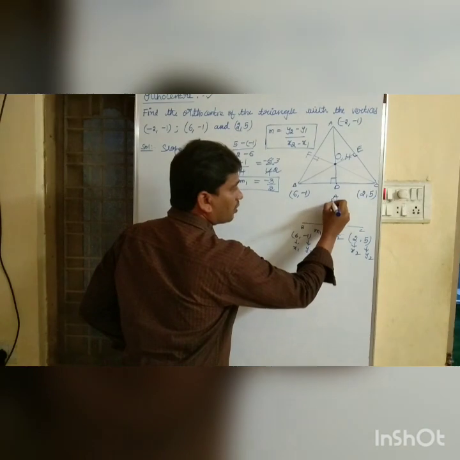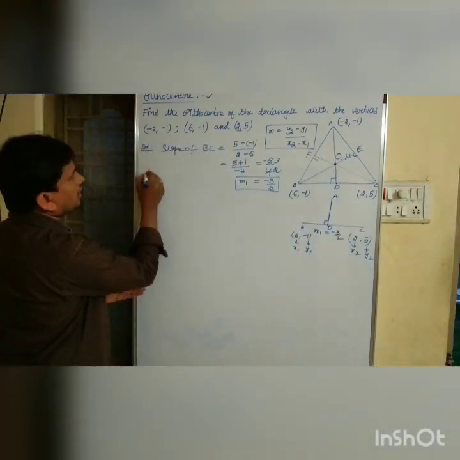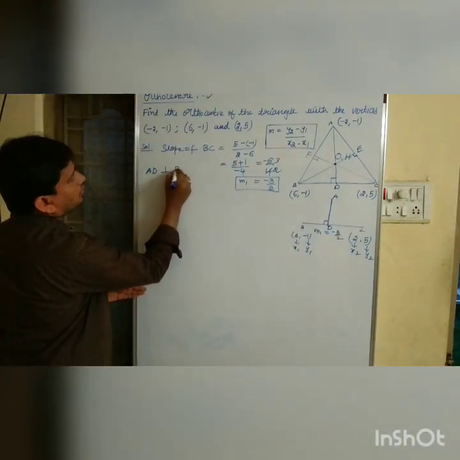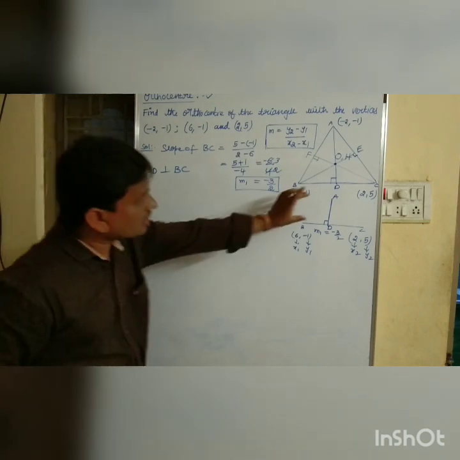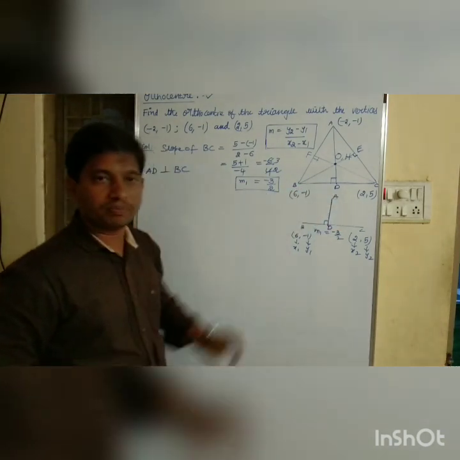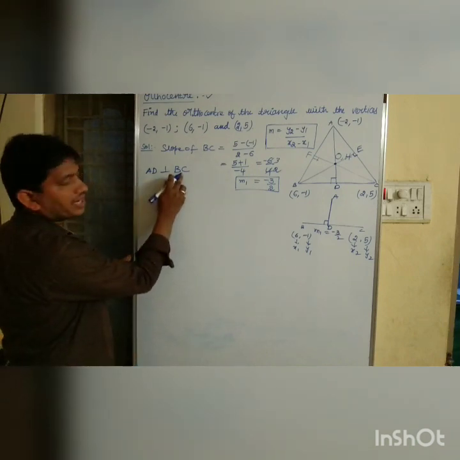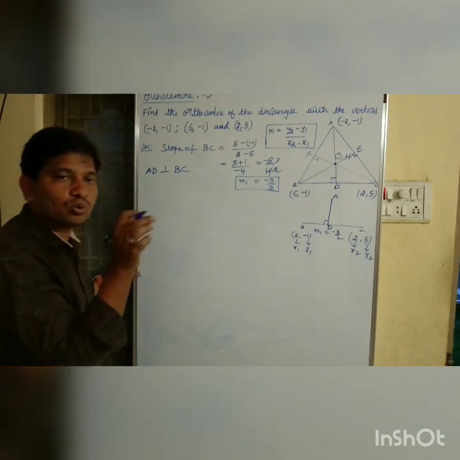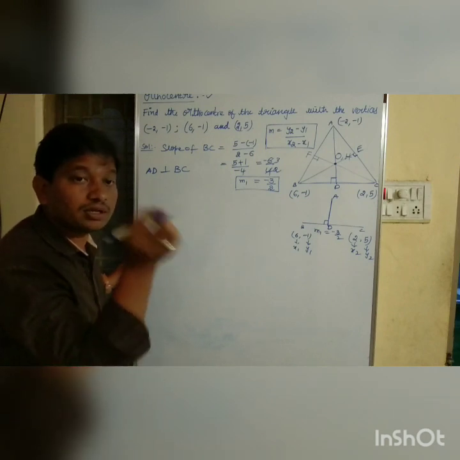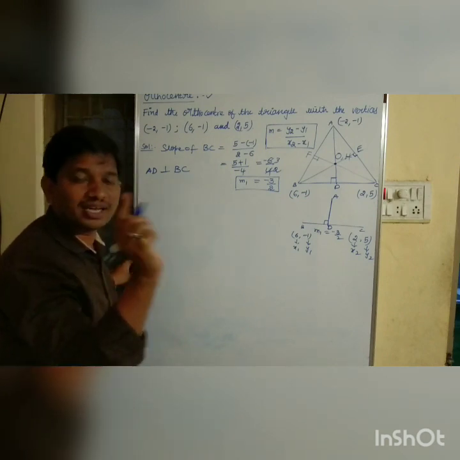As we know, line segment AD is perpendicular to BC. So they are two perpendicular lines. We know that the product of their slopes is -1, right?